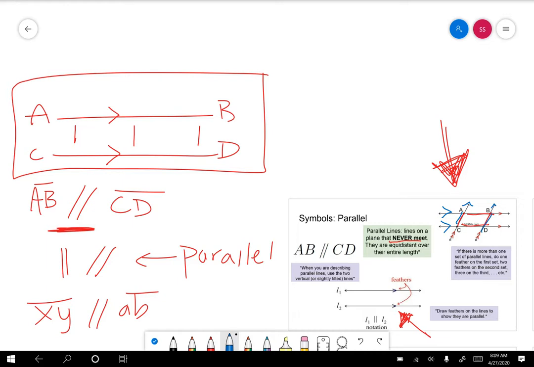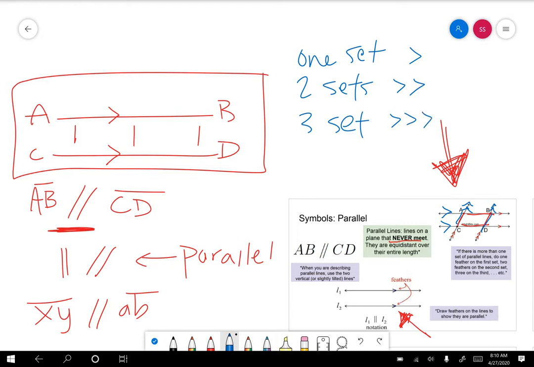So instead of using just one arrowhead, you would use two. If there's one set of parallel lines, you can just use the one feather. If there's two sets, you can use one on the first one and two on the second one. The third set then would have three, and so on. So that's the notation for parallel lines.